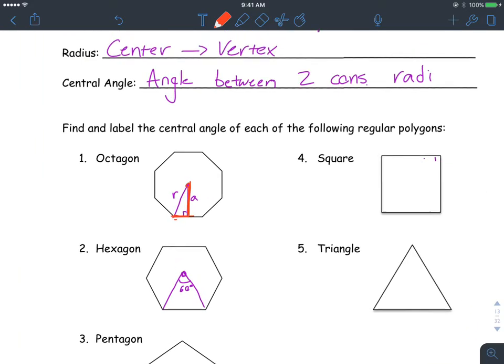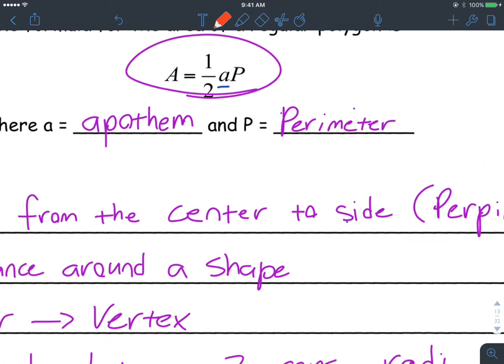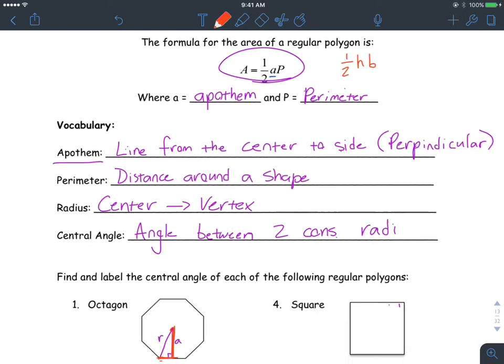So that's where it kind of comes from. It's really similar to 1/2 base times height, or if we wrote it in the same order, 1/2 height times base, but instead of the base, we use all of the bases combined, or the sum of the bases. That would be your perimeter, and that's where it comes from.